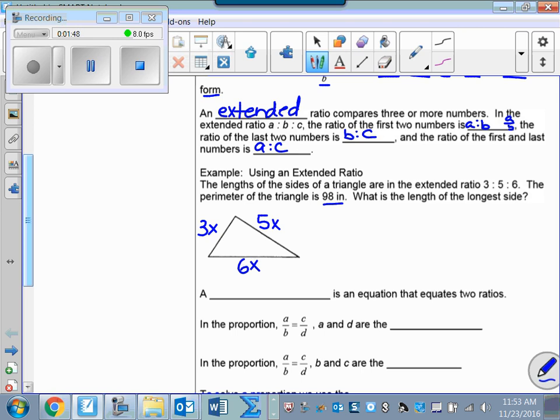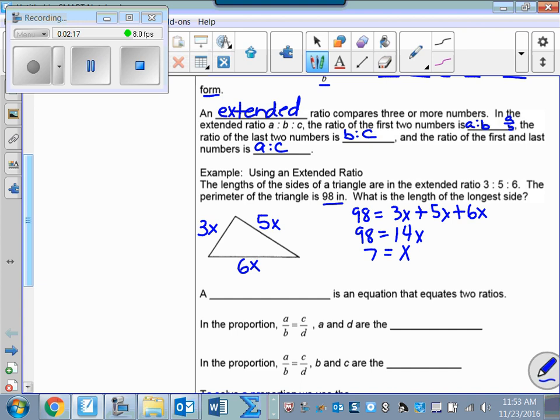All right, and now we're going to use the information we have about the perimeter. So we know the perimeter is just the sum of the side lengths. So we're going to say 98, which is the perimeter, is 3x plus 5x plus 6x. And now we're going to simplify this, so we get 98 equals 14x, so that x is going to be 7.